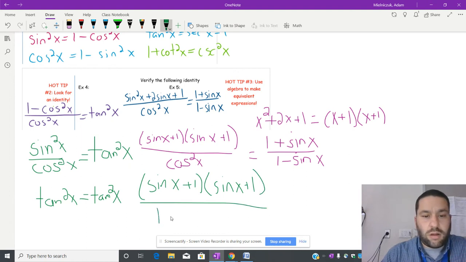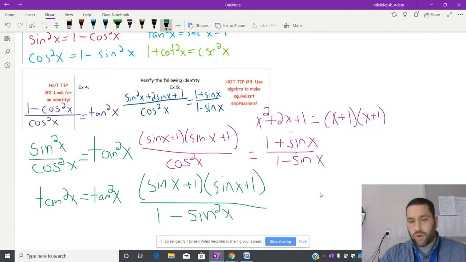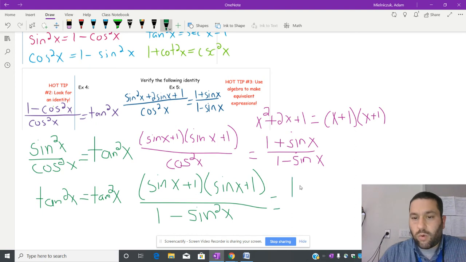We said 1 minus sine squared x. And I'm not going to rewrite the other side. Actually, you know what? I will. Equals 1 plus sine x over 1 minus sine x.